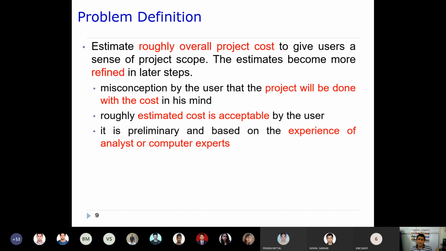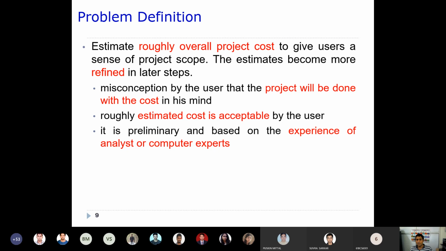And this estimates the roughly overall project cost. Here we go through a rough overall project cost estimation, and this cost may be refined at a later point of time. So it is not the final cost.